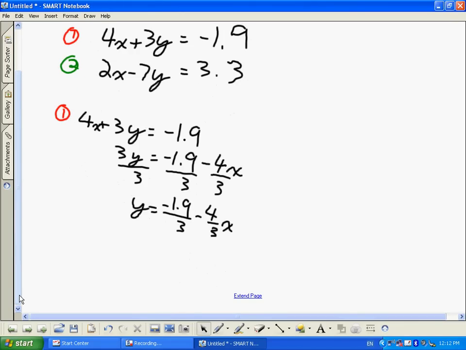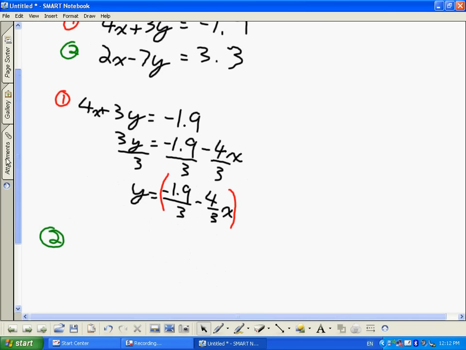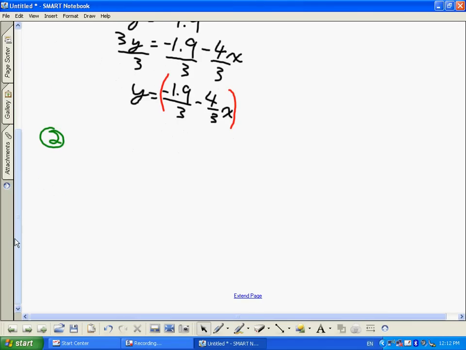So now that I have y is equal to an algebraic expression, I'm going to take the second equation, 2x minus 7y equals 3.3.